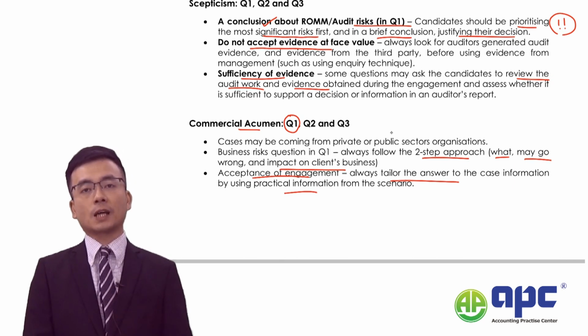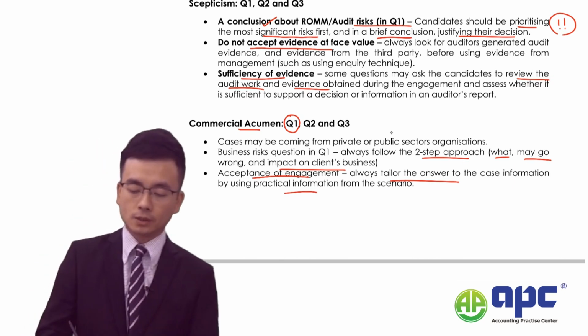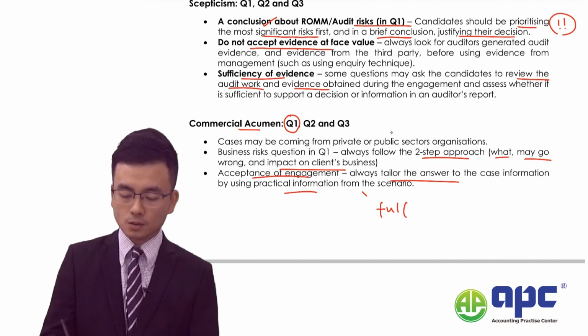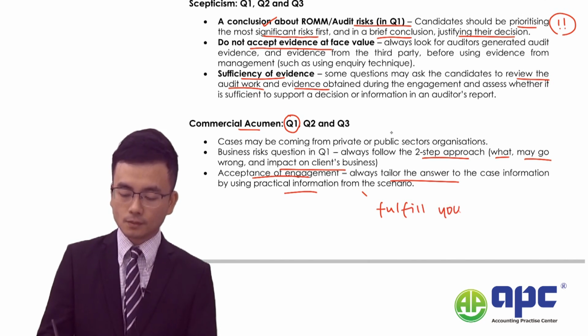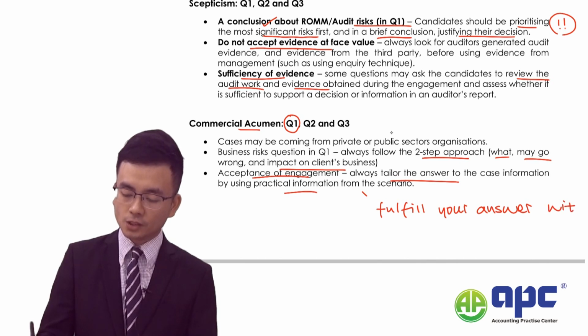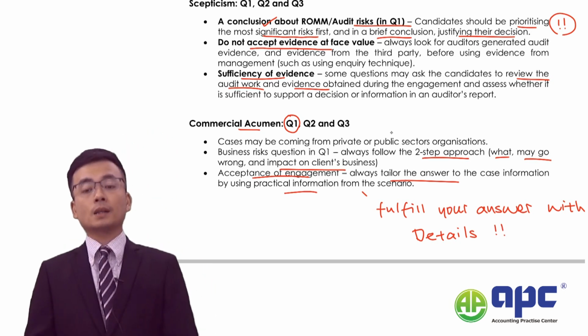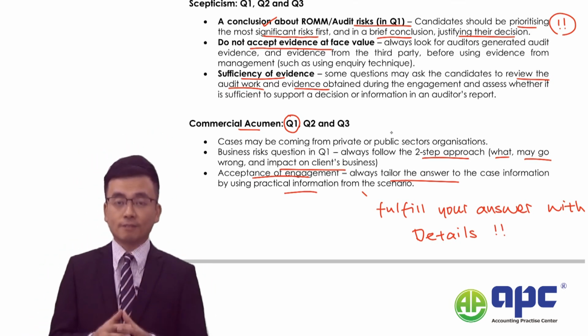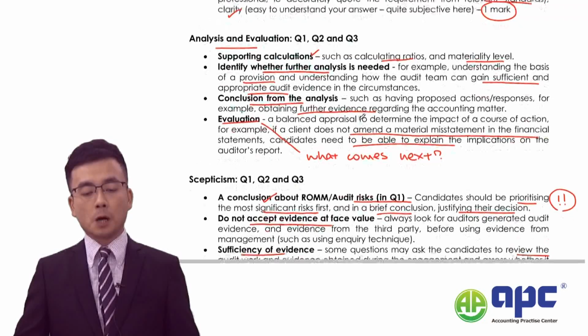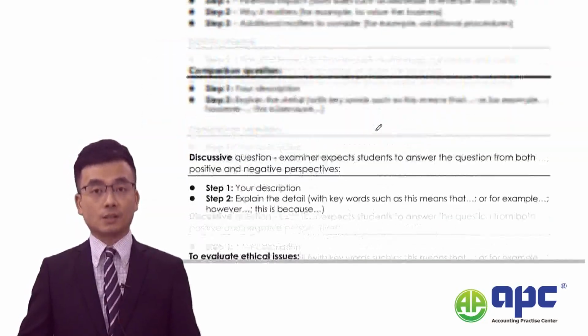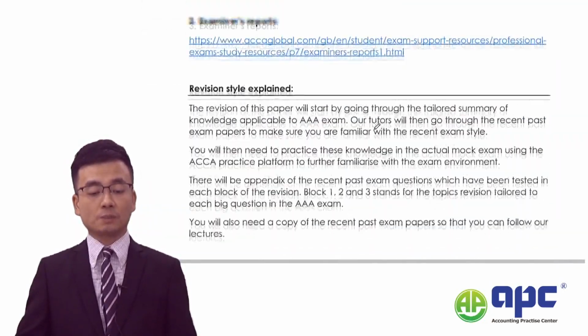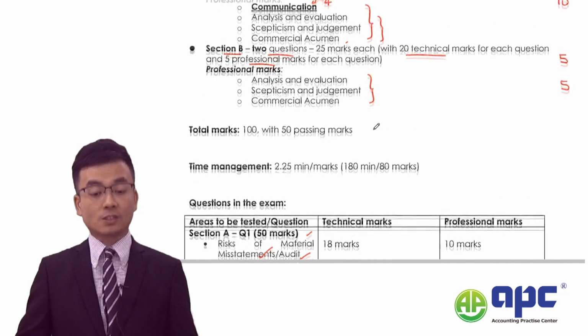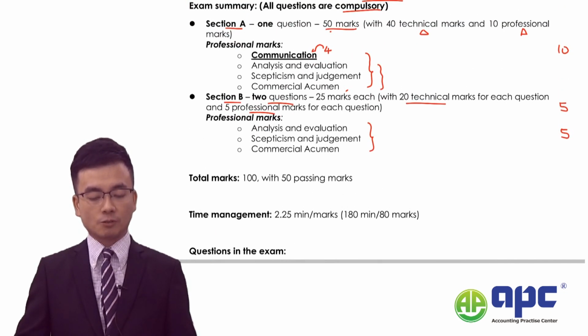Finding clues from the case, making sure that you fulfill your answer with detail will certainly help in this particular exam. Now that's how we get these professional skill marks, and I would say that's particularly challenging, but it's achievable as well, making sure that you're ready.